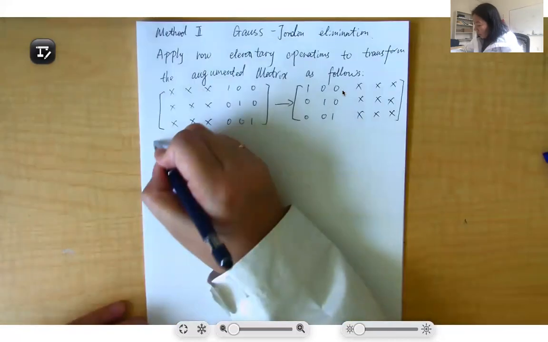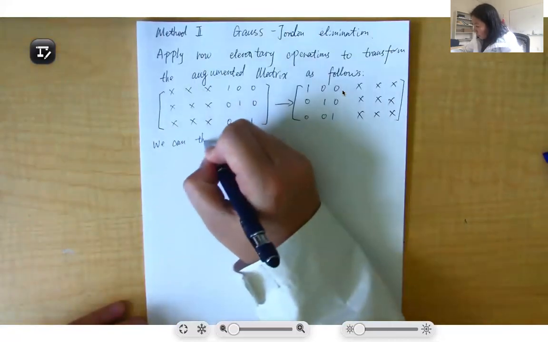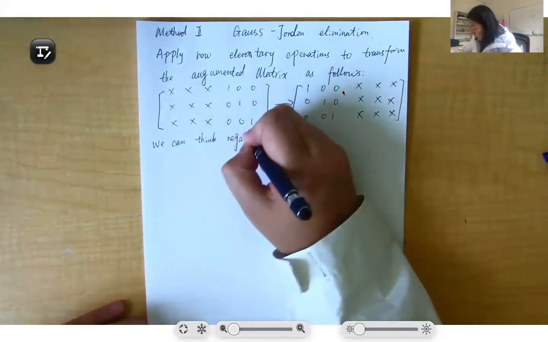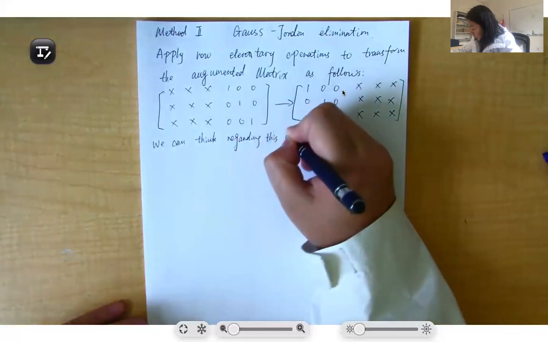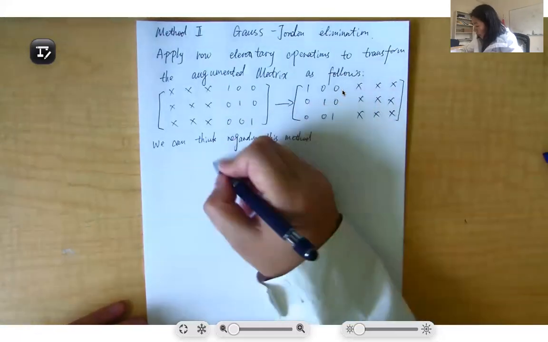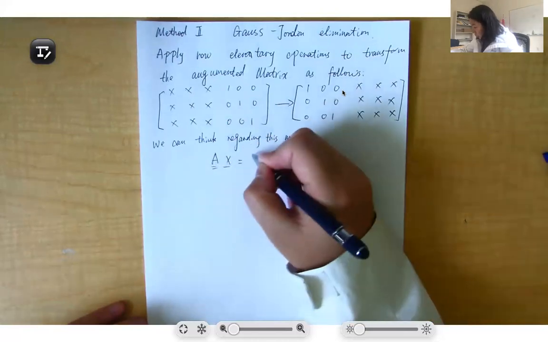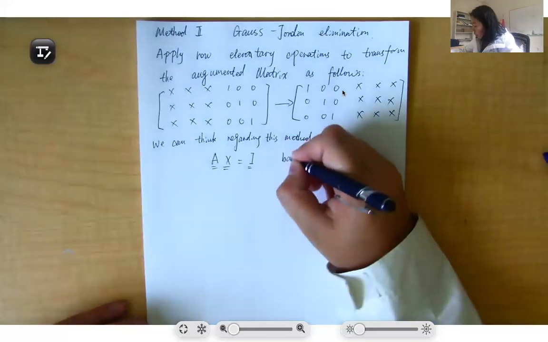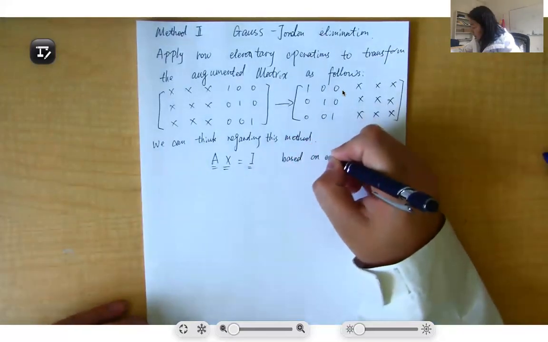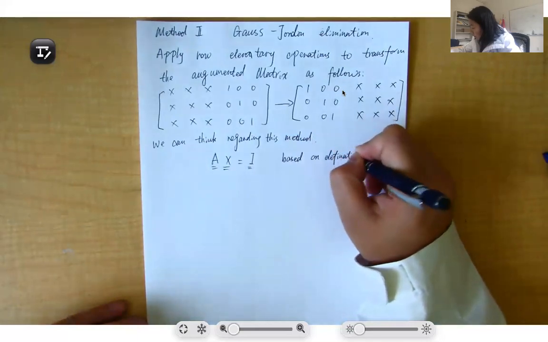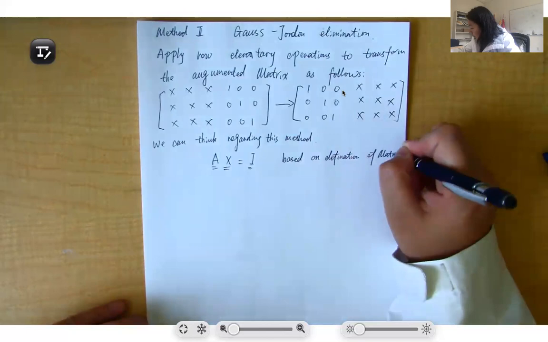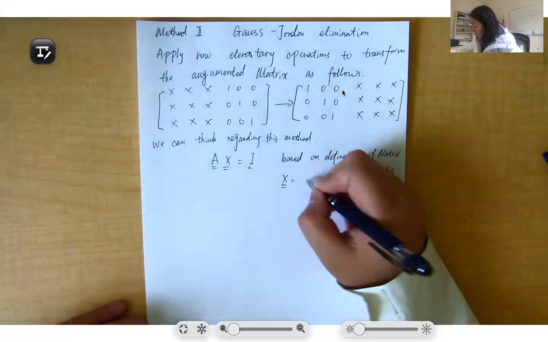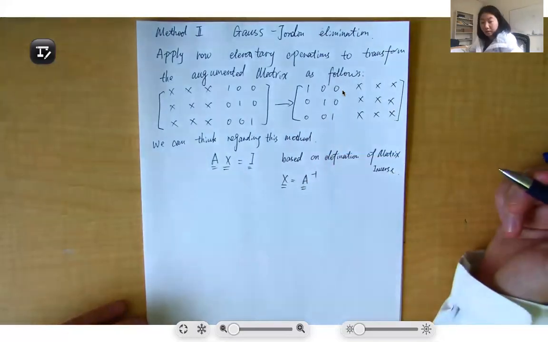We can think about this method this way. You have AX equals I, and based on the definition of matrix inverse, this X has to be A inverse.